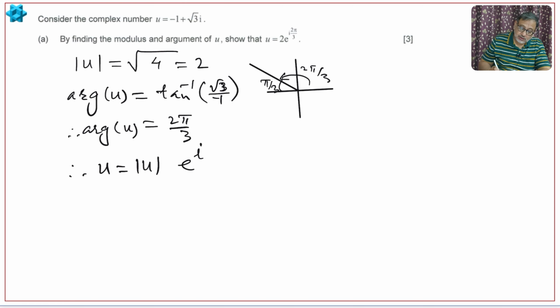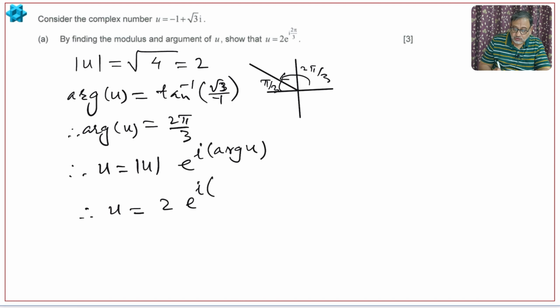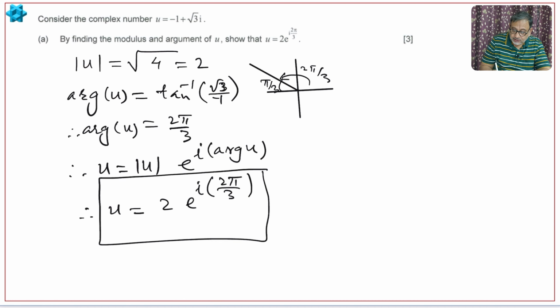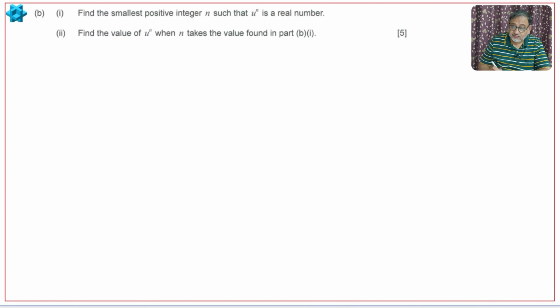Therefore u will be modulus of u into e raised to i argument of u. This is the Euler form. So u is 2 e raised to i 2 pi by 3. This is the final answer; in the Euler form you have to write it like this. It was for 3 marks. This is not a difficult part. I hope you had done this part.